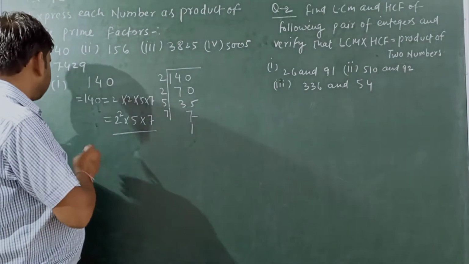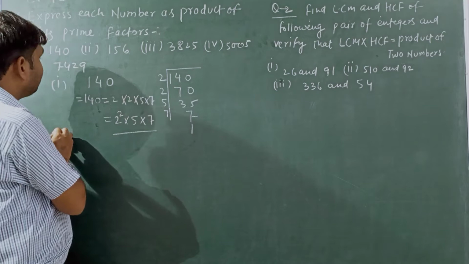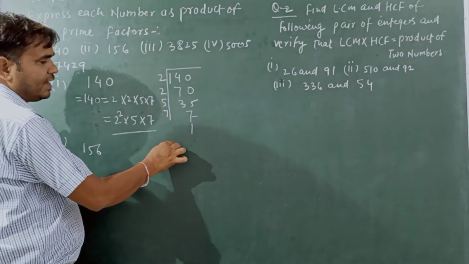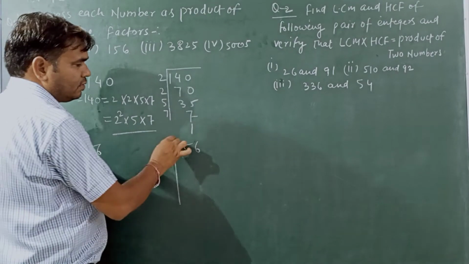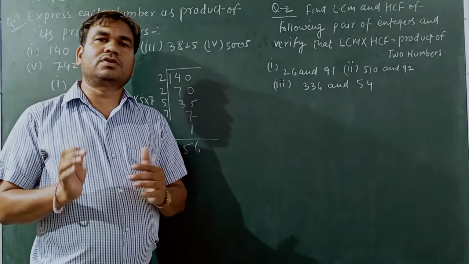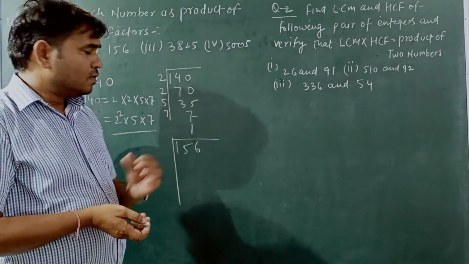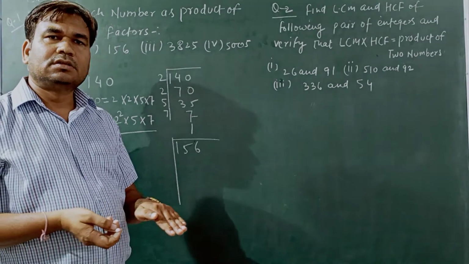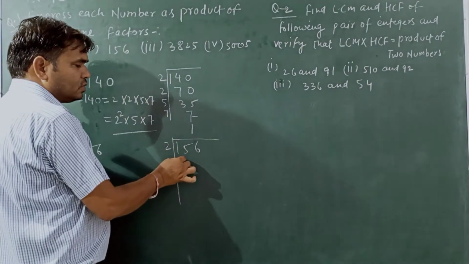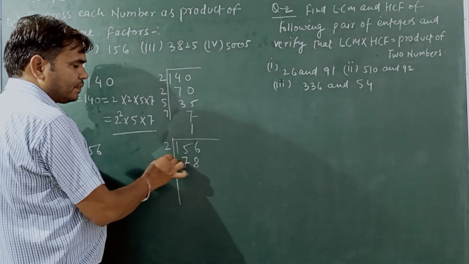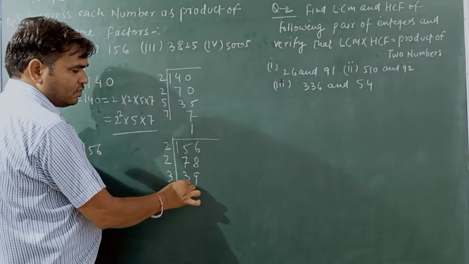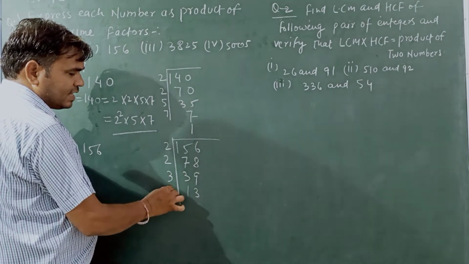And let me take the second part, 156, and here we try to make the factors of this number. So in the prime factorization method, students, first we divide by the lowest number that can divide it. So 2 seven times 156... 2 eights are 156, 2 thirty-nine... 2 thirteens and 3, 3 thirteens, and after that 13.